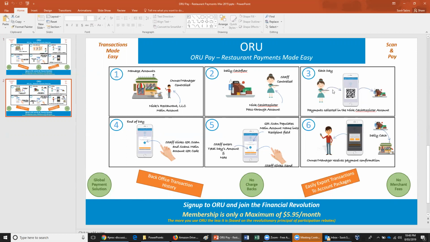So each day when they are collecting payments from customers, they are collecting it into the Nick's Cash Register account, the daily account.